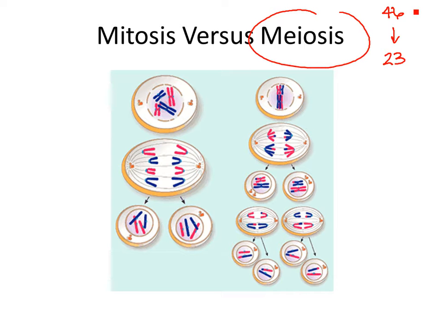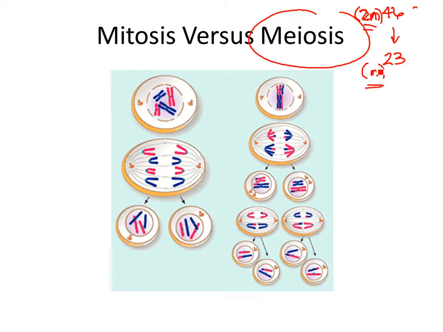That also means that, if I can draw it in here, instead of having 2 copies of each chromosome, they're only going to have 1 copy of each chromosome, and that is sometimes designated as 2N versus N. 2 is referring to the number of copies of each chromosome, and N is referring to the number of chromosomes itself.